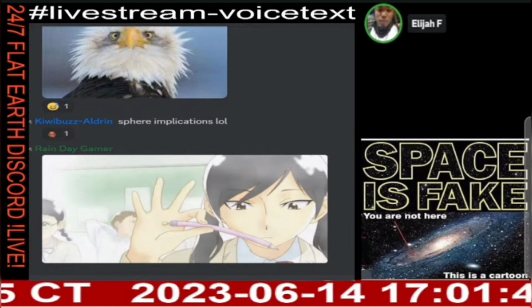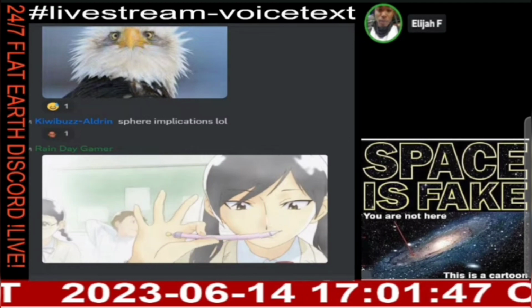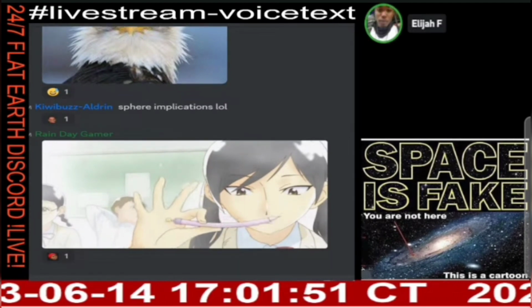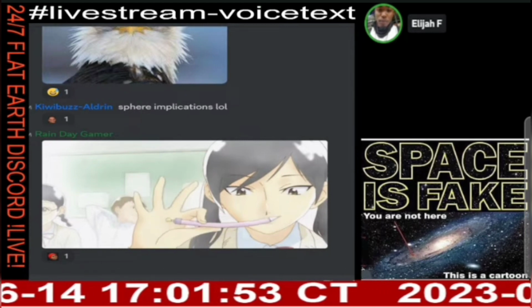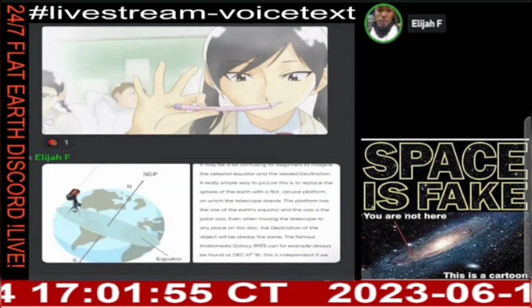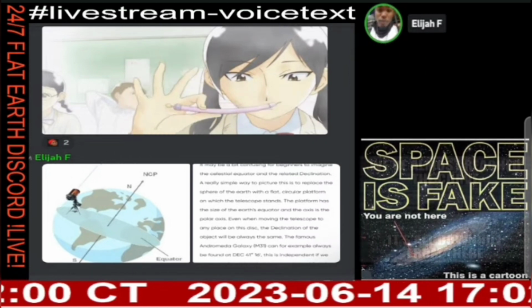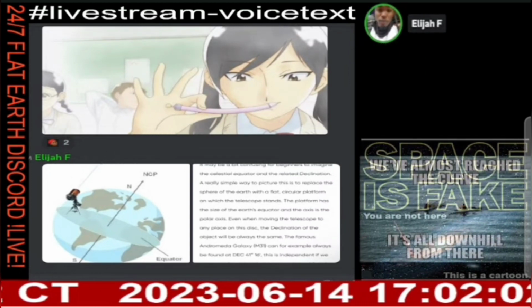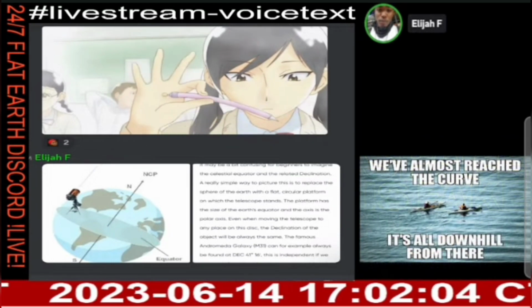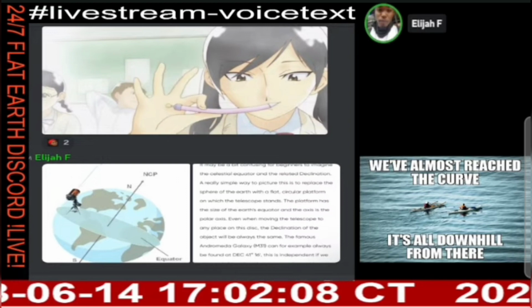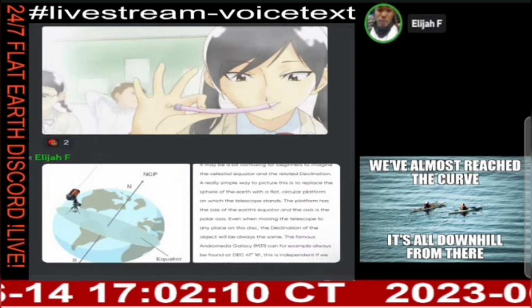It's the one that 10th man actually got, and it's the one that says it may be a bit confusing for beginners to imagine the celestial equator and the related declination. A really simple way to picture this is to replace the sphere of the Earth with a flat circular platform on which the telescope stands. The platform has the size of the Earth's equator and the axis is the polar axis.